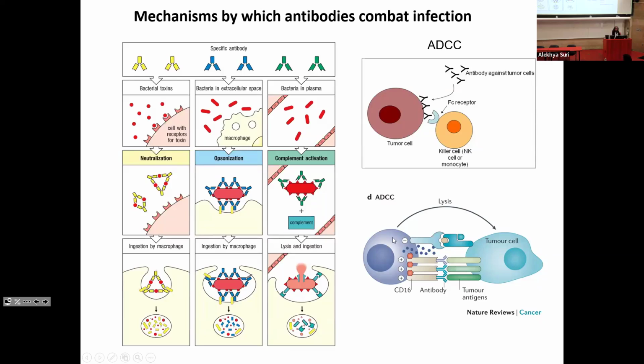This recognition then allows for activation of the NK cells, secretion of granules, and killing of the tumor cell or a virally infected cell. So NK cells can kill without this, but in the presence of antibody, it's called ADCC, or antibody-dependent cellular cytotoxicity. Okay.